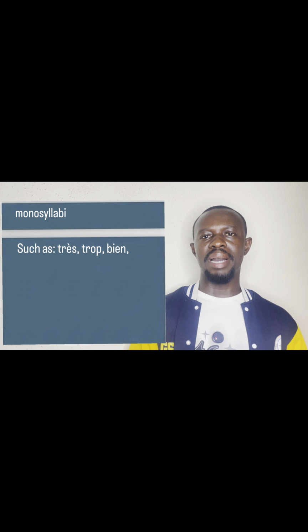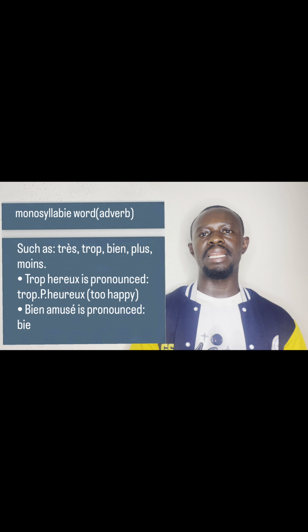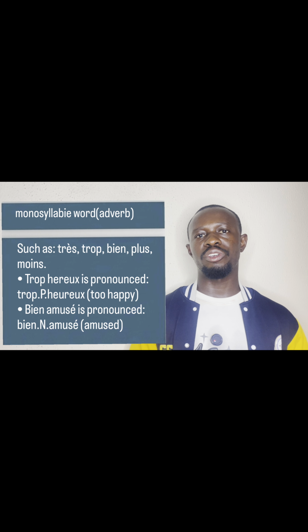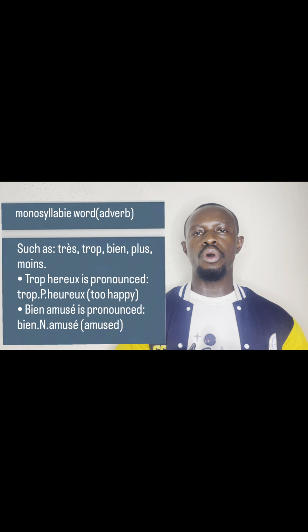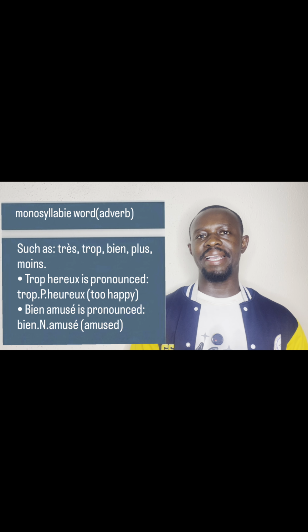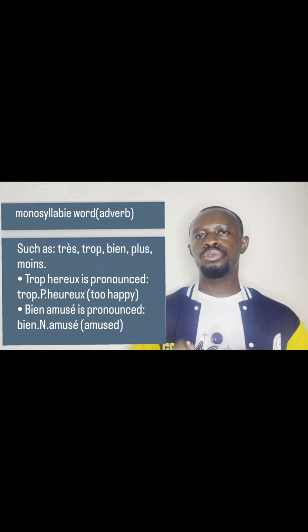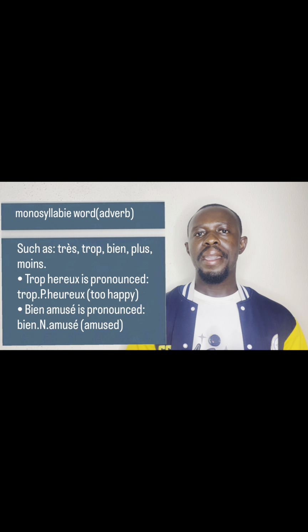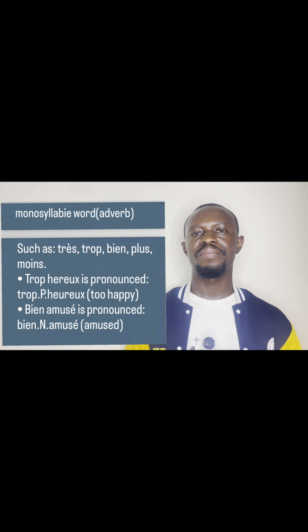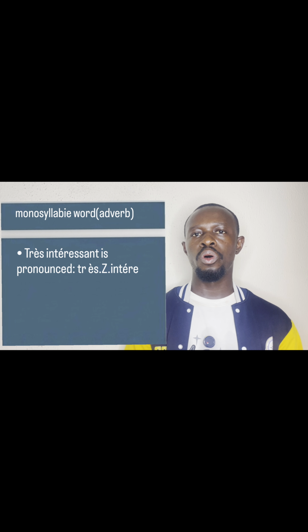Also, it is mandatory after a monosyllabic word. For instance, you can find it in adverbs like très, trop, bien, plus or moins. Below are a few examples in which the liaison is required. For instance, you can see it in "trop heureux". So we say "trop heureux". "Bien amusé". "Très intéressant".